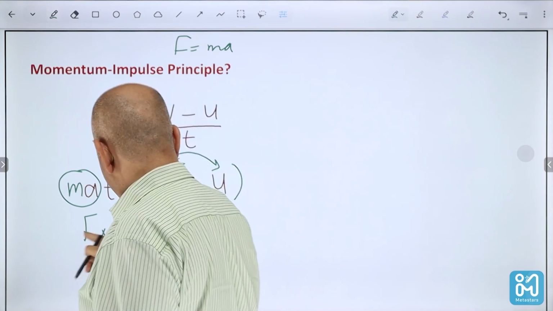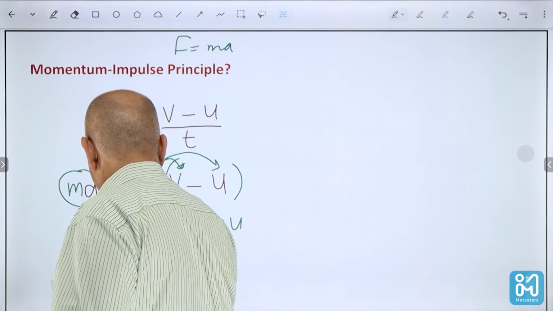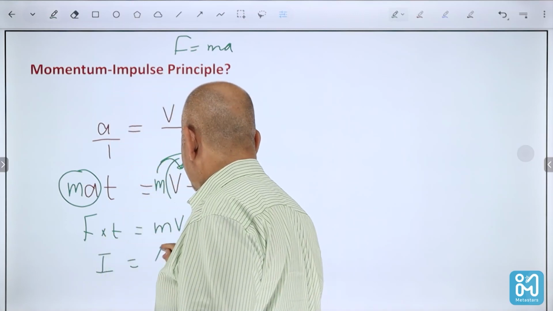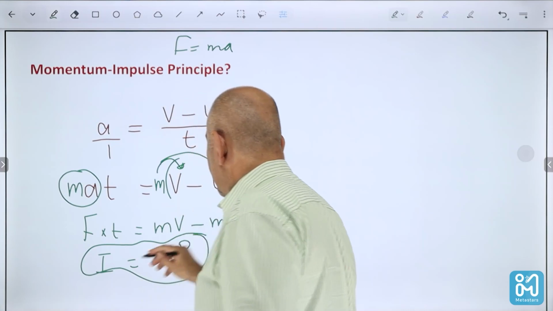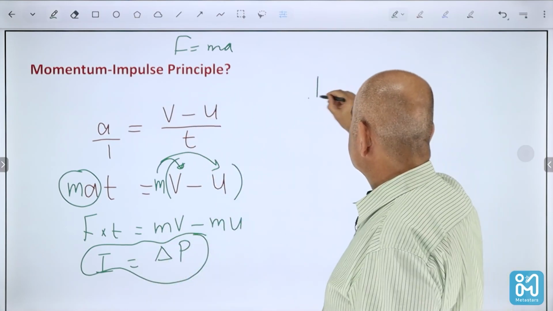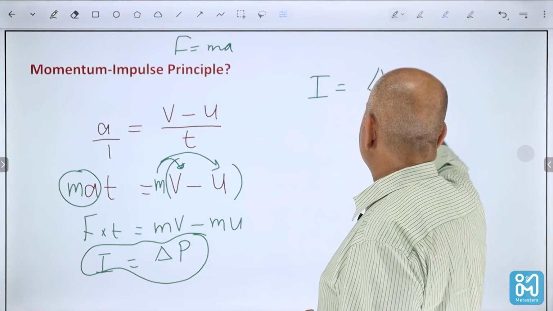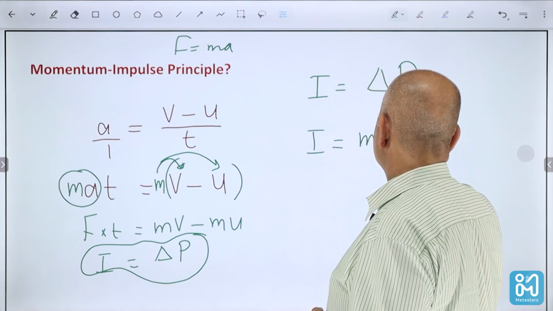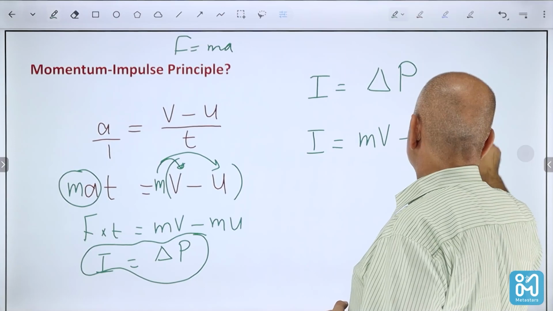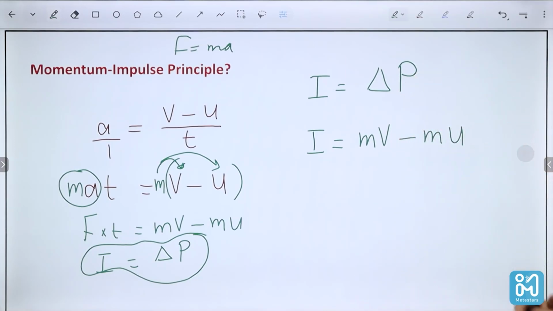So that means F times T is impulse, and MV minus MU is the change in momentum. So that is the relationship between impulse and momentum. Impulse equals change in momentum, which means impulse equals final momentum minus initial momentum. And that's called the momentum impulse principle.